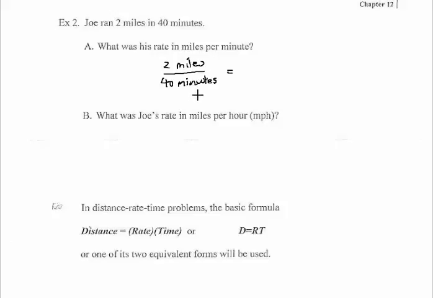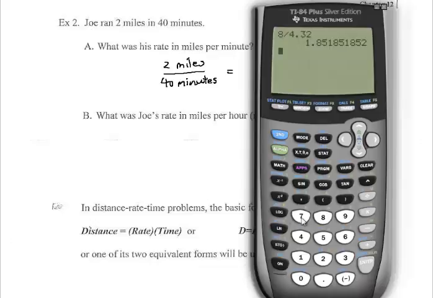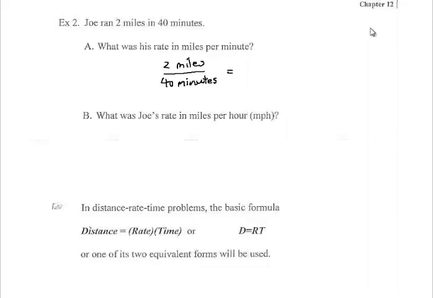Usually we want to convert that into a unit rate, and so we could take our calculator and just simply divide 2 by 40, and we get 0.05 miles per minute.